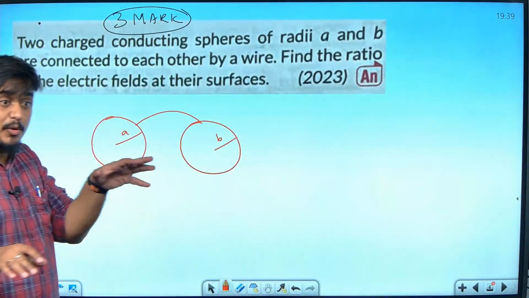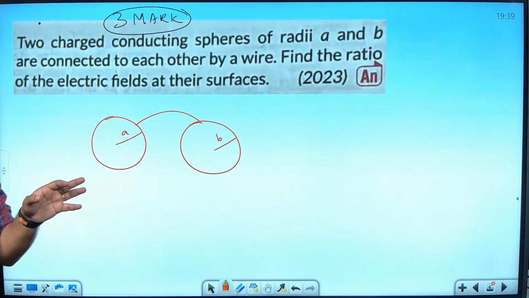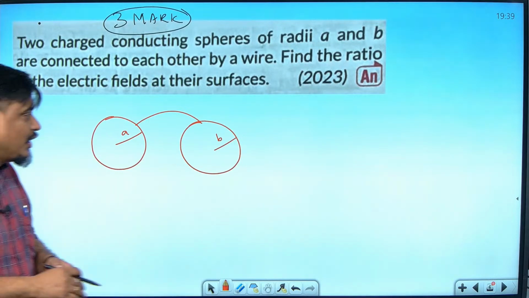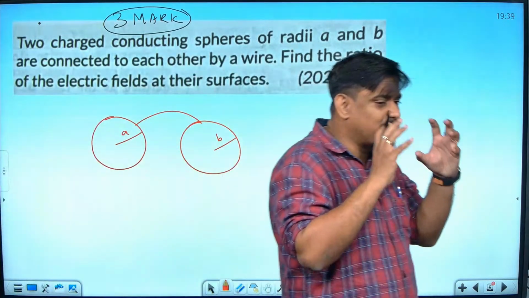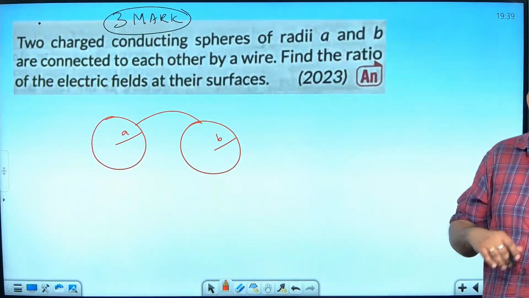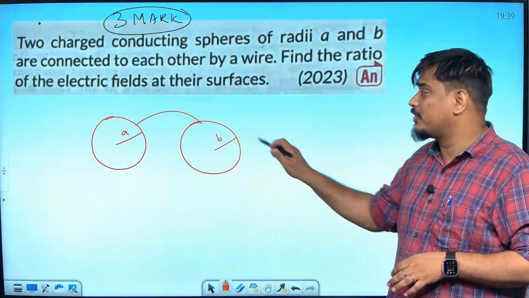They will have different potentials initially, but slowly as the redistribution of charge takes place, their potentials will become same. Are you knowing this? If you are not knowing, know it today. When two charged spherical shells are connected together, redistribution of charge takes place, which leads to same potential of both the shells.